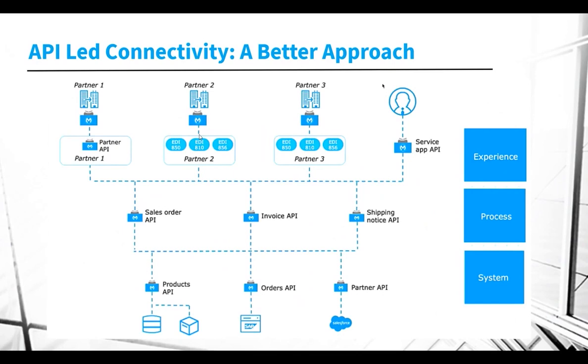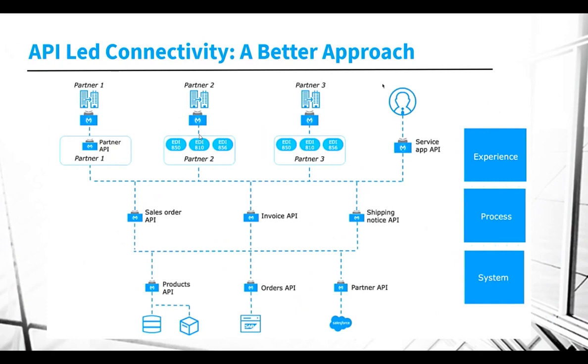These are the two variables which are the differentiators between partner one and partner two. But everything else in your ecosystem, once your transactions start, remains the same. Today your order process, products process, all these processes remain the same.